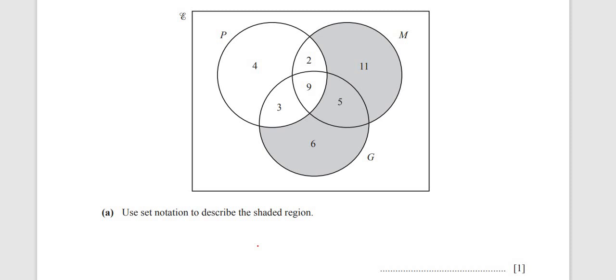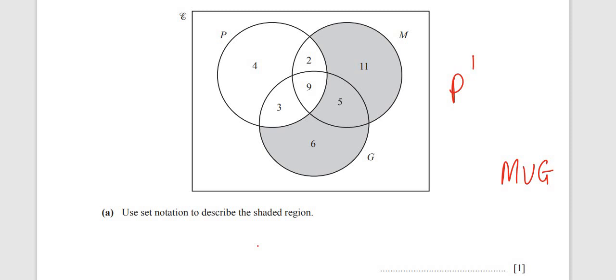The first thing that we can observe is that the set P is not shaded. So that means that the shaded region does not include elements of set P. So we can talk of the complement of P. P complement means not in P. Then when you look at M and G, the entire set M is shaded and also G. So we can talk of M union G, and then there is also the intersection.